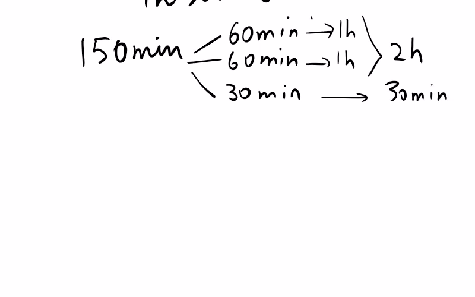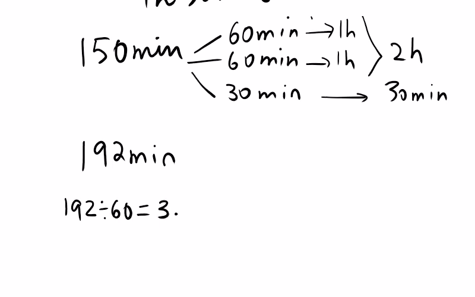If we had more broken down numbers like 192 minutes, you could still be doing that, but you could also just divide 192 by 60, which gives you 3.2. So if you are dividing by 60, which is 1 hour, you're checking how many lots of 60 minutes go into 192 minutes.